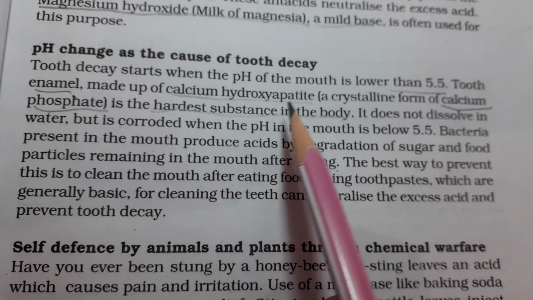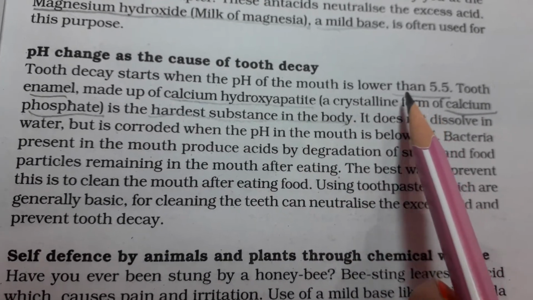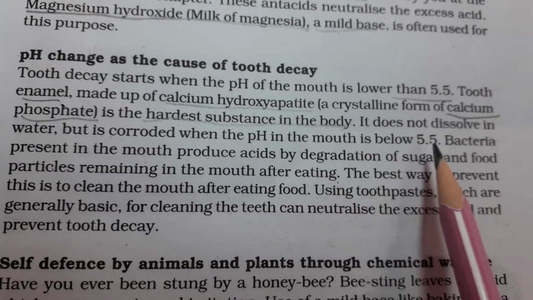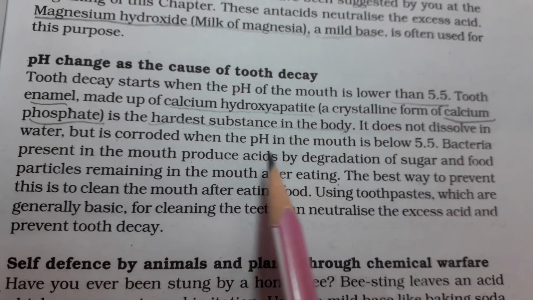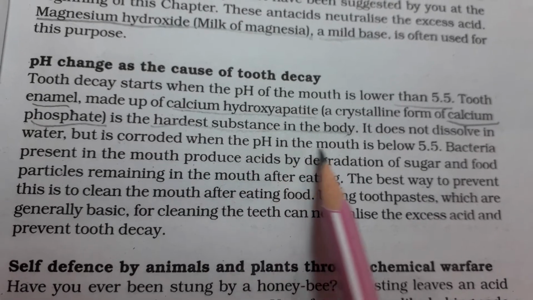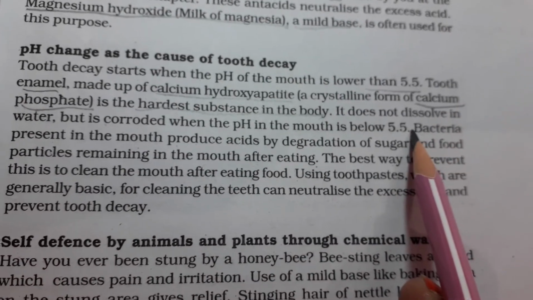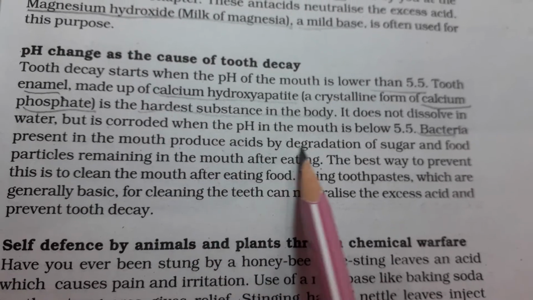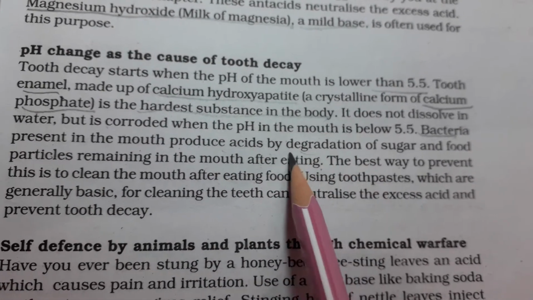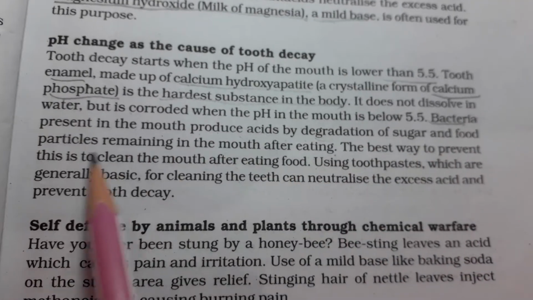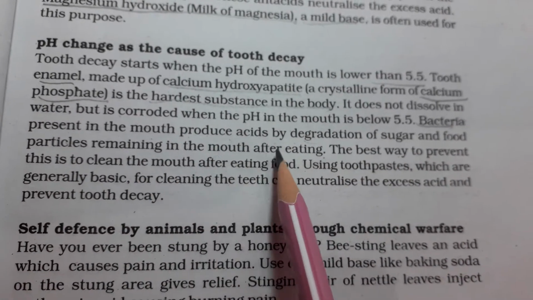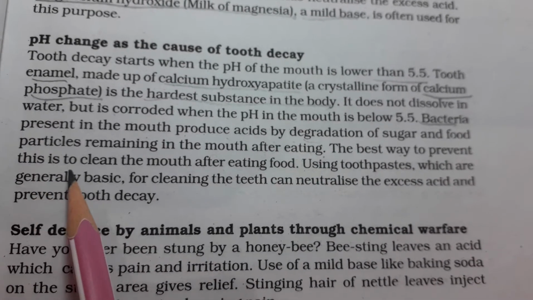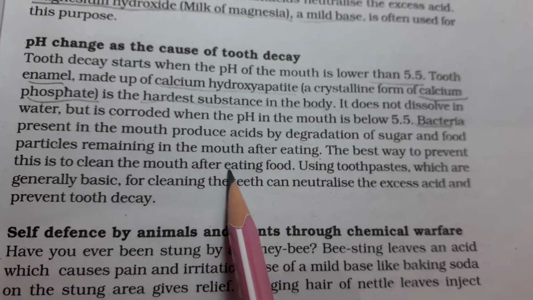But when the pH value becomes lower than 5.5, then bacteria present in the mouth produce acids by degradation of the sugar and food particles remaining in the mouth after eating. The best way to prevent this is to clean the mouth after eating food.